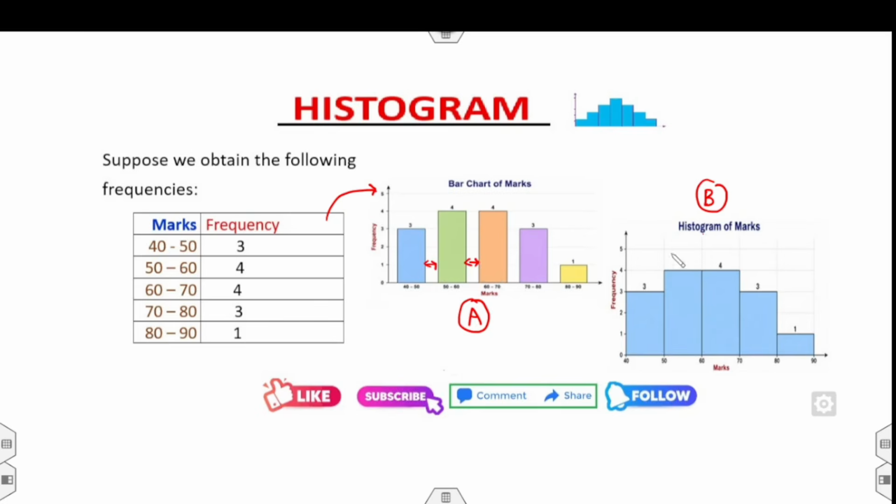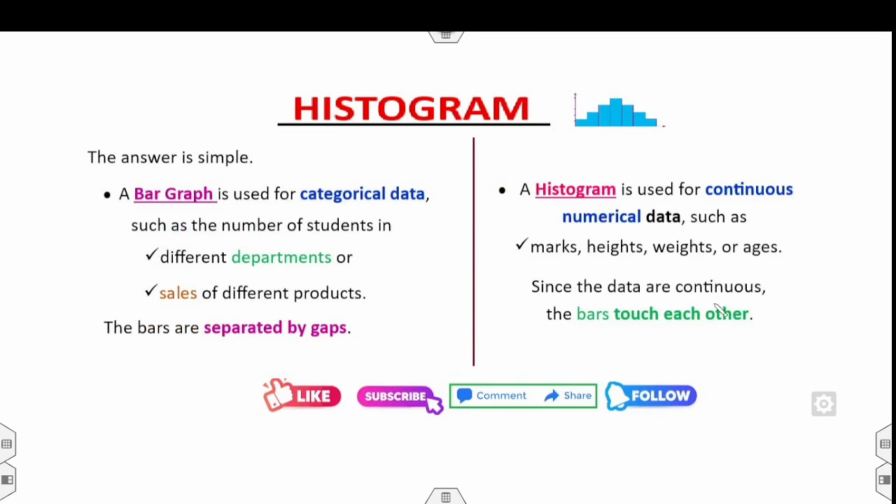However, the histogram is used only for continuous data, also called quantitative information. Whenever you have quantitative information like marks, height, weight, ages, etc., we can always draw the histogram, and there is no gap between the rectangular bars.